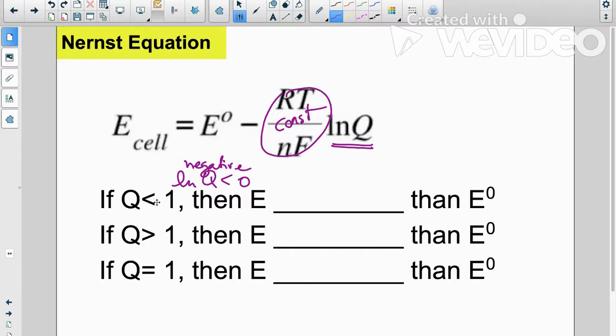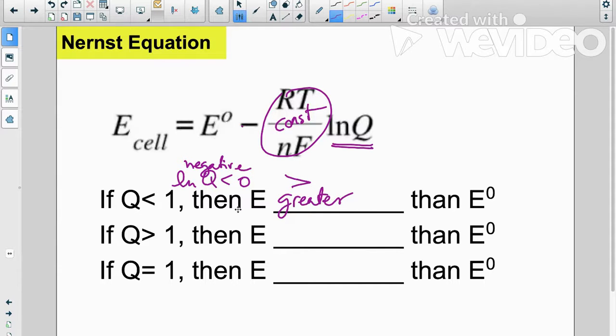So if Q is a decimal number, then we have a negative of a negative, which turns this positive, and we add it to the standard cell potential to get an actual potential that is greater than the standard potential.